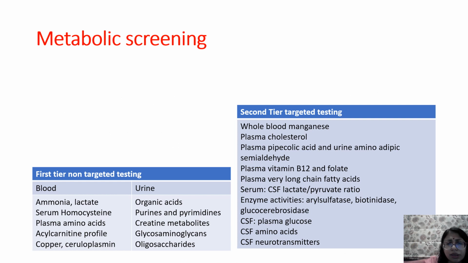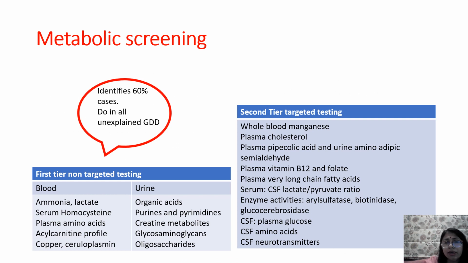It was suggested that simple metabolic screens of blood like ammonia, lactate, serum homocysteine, plasma amino acids, acyl carnitine profile, copper and ceruloplasmin, and urine testing for organic acids, purines and pyrimidines, creatine metabolites, glycosaminoglycans, and oligosaccharides give a yield in almost 60% of the cases.